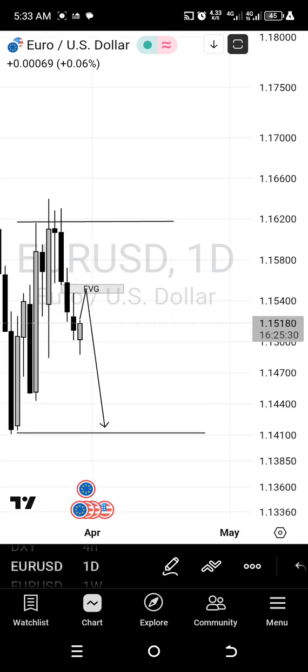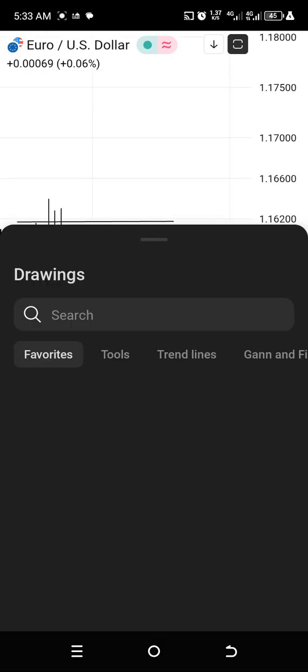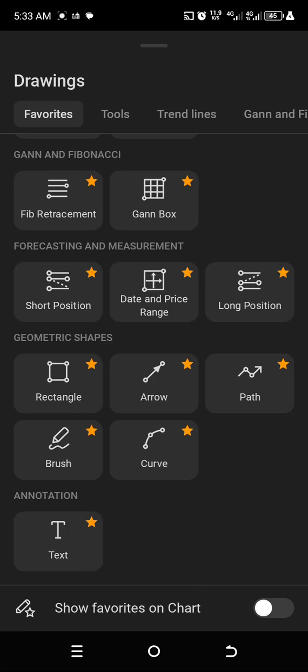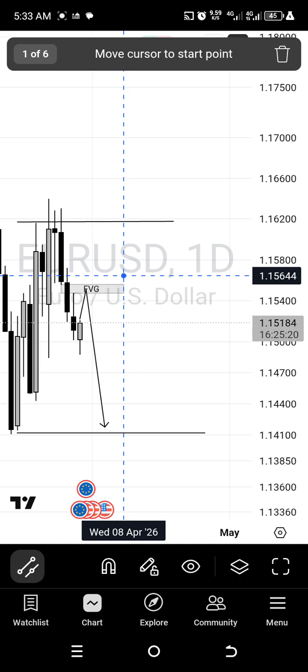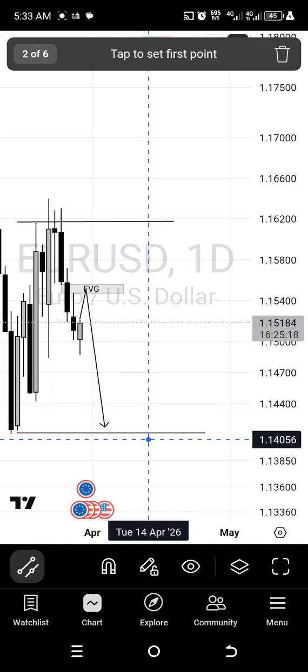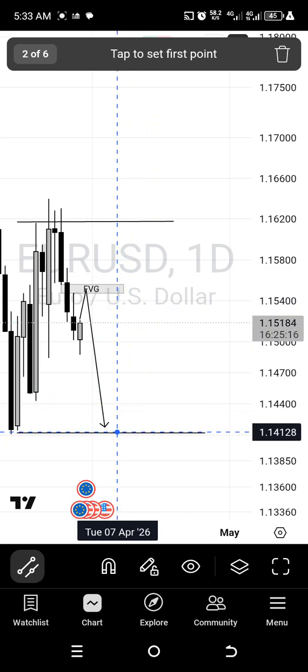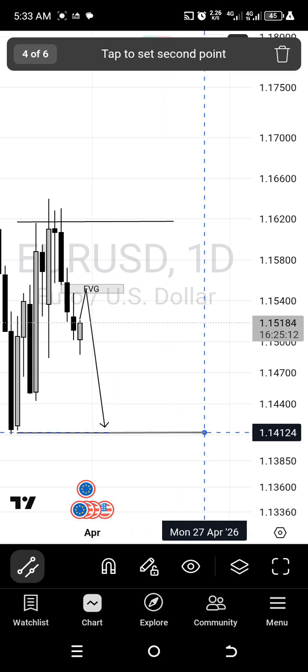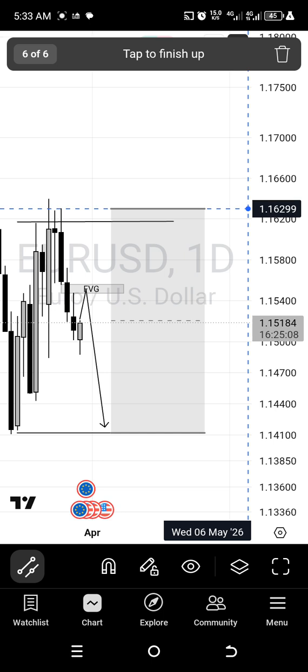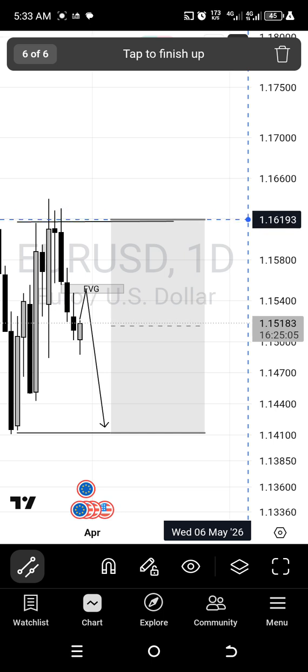Considering combining my short-term drawn liquidity with my PDRs can make my analysis stronger because I'm going to be focusing on trading at PDRs. For instance, if I'm to sell, I'm going to focus on selling at premium, and if I am to buy, I'm going to focus on buying at discount.